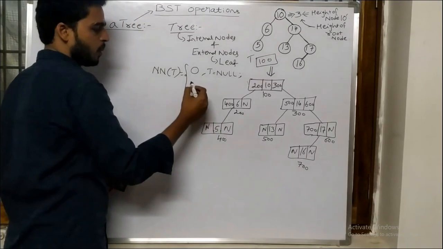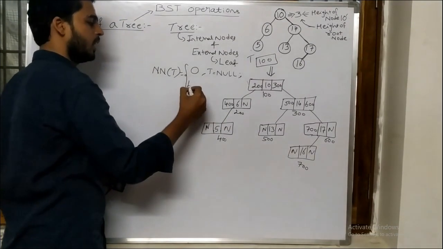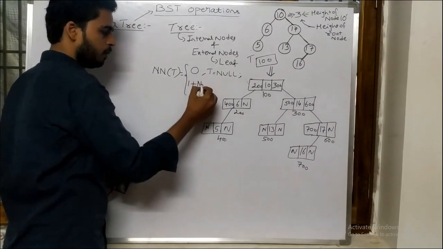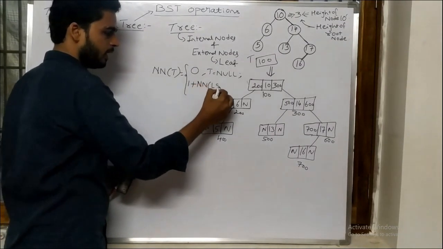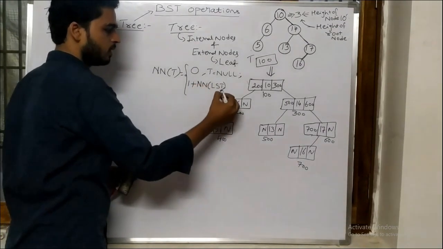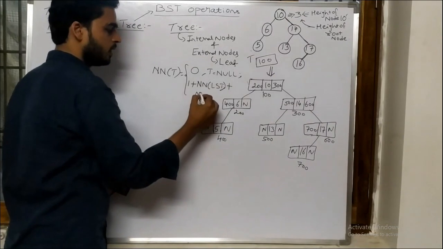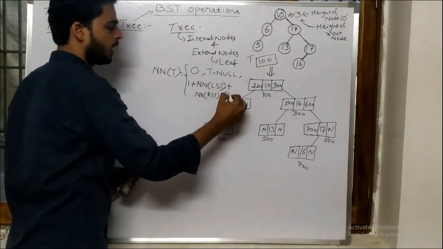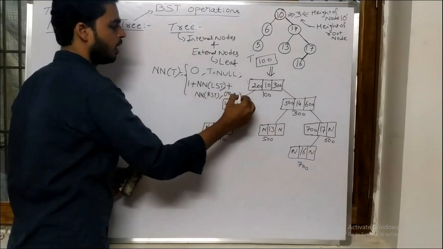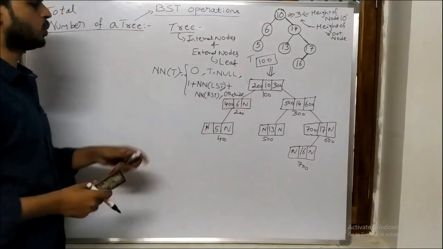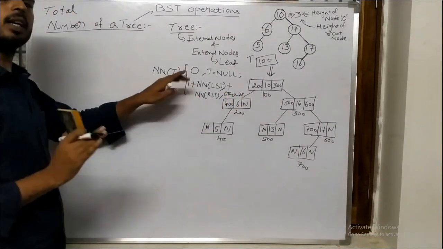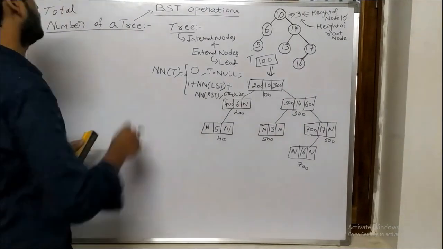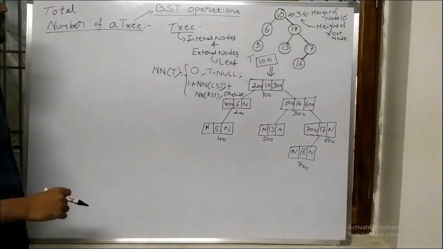Otherwise, the node itself plus the number of nodes in the left subtree and the number of nodes in the right subtree. In all the remaining cases, I need to count the node itself, plus the number of nodes in the left subtree, plus the number of nodes in the right subtree. With this logic, you can write the total number of nodes in a tree.